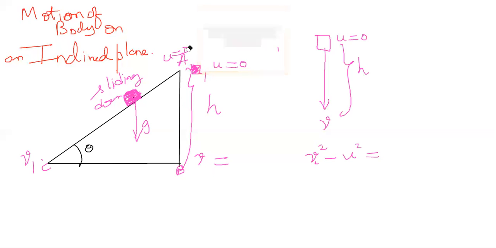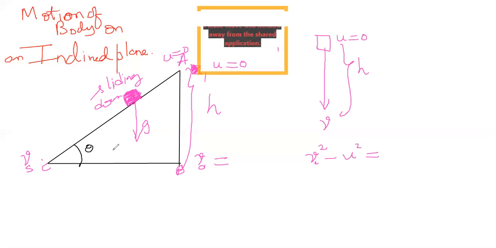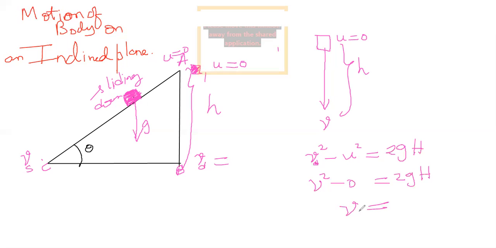I'll name this as v direct and this as v upon sliding. Now it's clear. v direct square minus u square is equal to 2gh. u square is 0. So v direct square minus 0 square is equal to 2gh. What would v direct be? Root over 2gh.